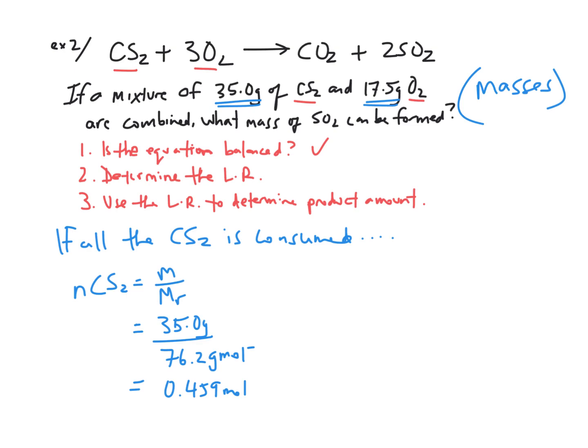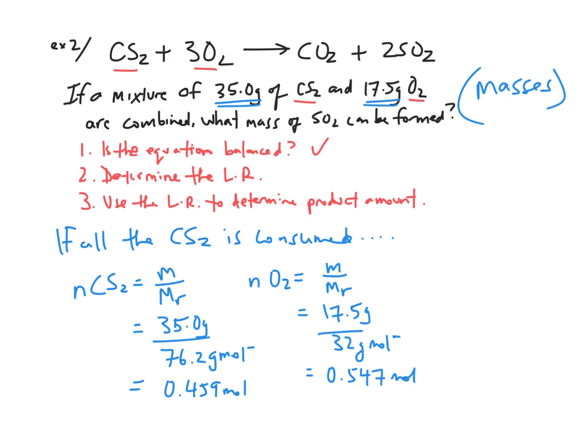Now how much oxygen is there? Same thing: mass divided by molar mass. The mass of oxygen is 17.5 grams, and the molar mass of oxygen is 32 grams per mole. We get 0.547 moles of this.